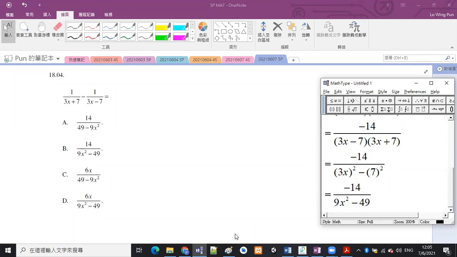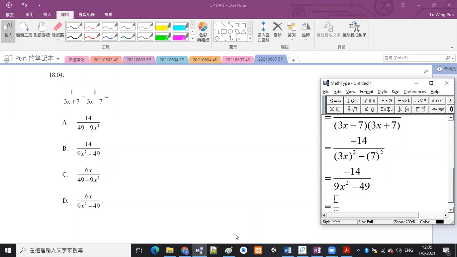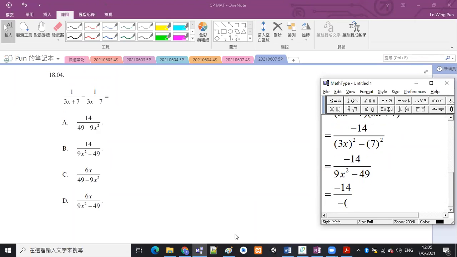Do we have this answer? No, still not, because the numerator is always positive. But now it is negative. So I need to take out a negative sign from the denominator and then swap the subtraction. It's 49 minus 9x squared, right?